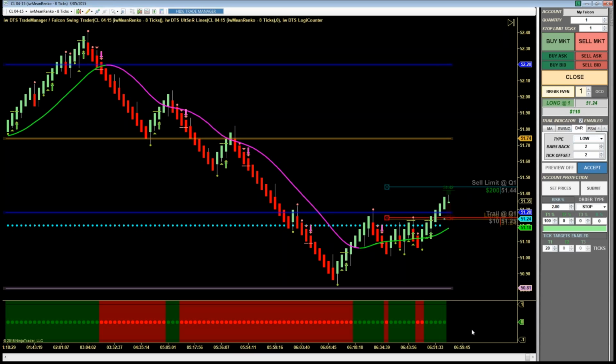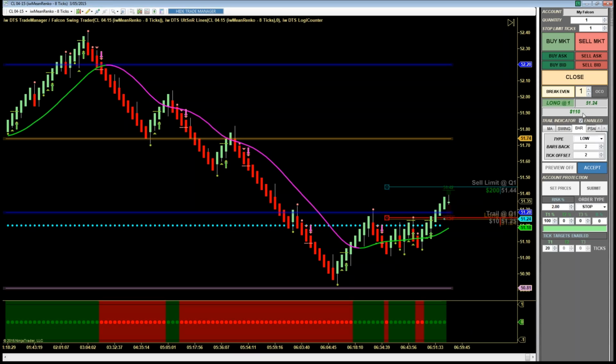We'll take it break even plus one, so at least Mr. Broker gets paid. So seeing a little bit of a reaction to the breakout now.